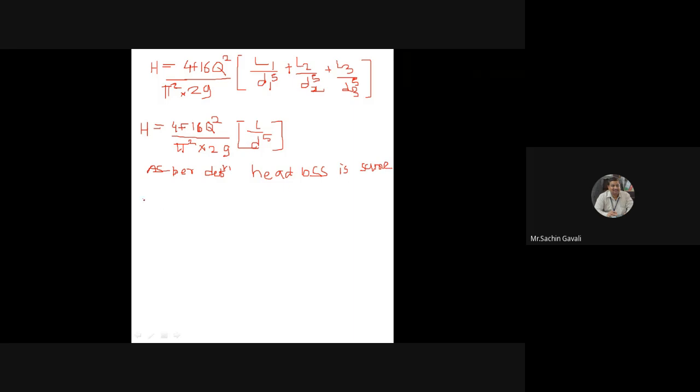Therefore, we can equate these equations, numbers 2 and 3.